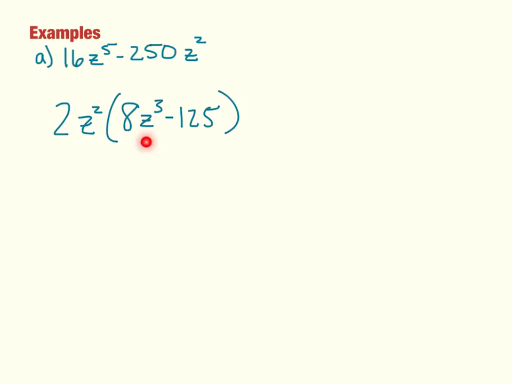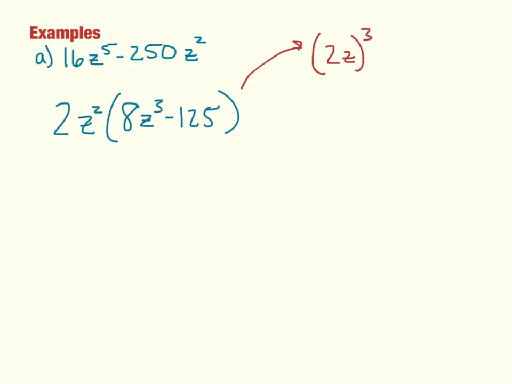So I see a binomial with a cube. I check my chart. Are these both perfect cubes? So that way I can break it down. They are, right? So I'm going to identify a and b. Like a little side note over here, I ask, what cubed gave me 8z cubed? 2z.